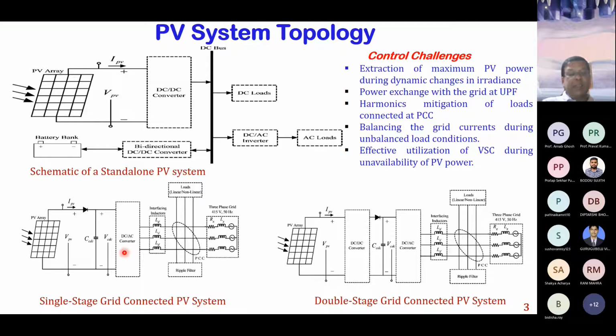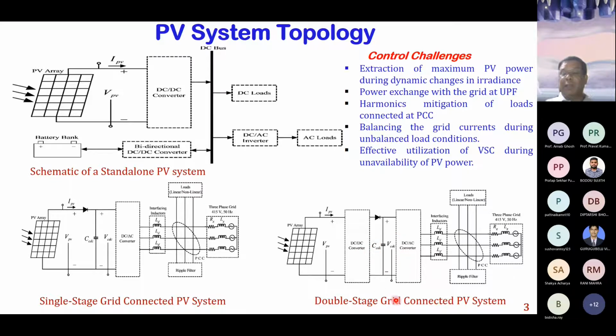The single stage configuration is one where we do not have more stages of power conversion, that is, directly from the photovoltaic source we use an inverter and thereafter connect this to the grid. So there is only one stage of power conversion. But on the other hand, when the solar irradiance is very small, a low irradiance situation, we may incorporate one power conversion stage to raise the voltage to a certain higher level, and then have a second stage of conversion.